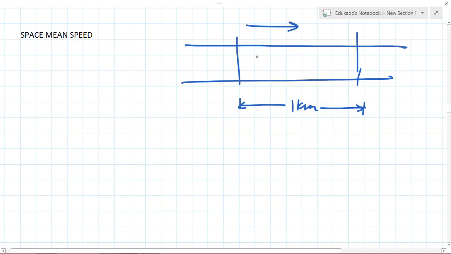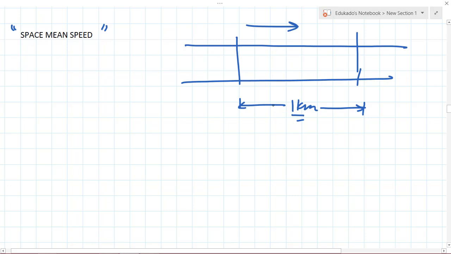The average speed of the vehicles in this given section is what we call the space mean speed. How will we calculate it? We will see right now. Let us take a 1 kilometer section like this, and if we know the speed of each of the vehicles within the section and average it out, that will be the space mean speed for this 1 kilometer section. That's how we proceed.